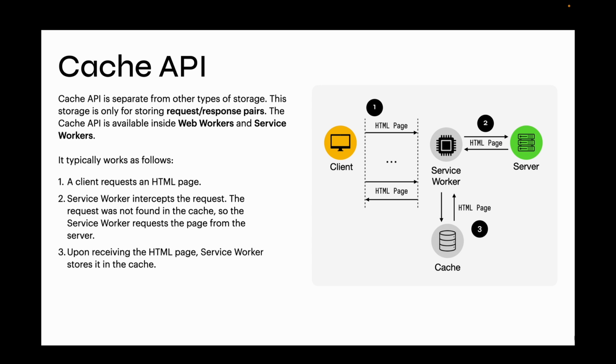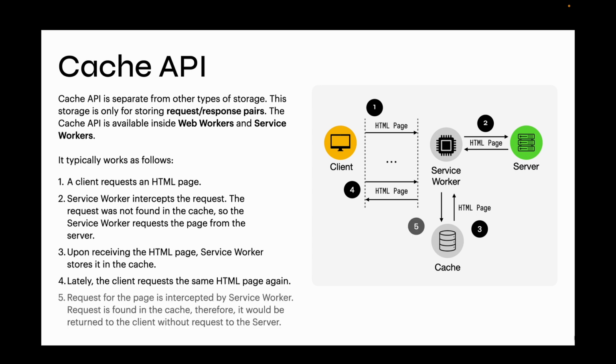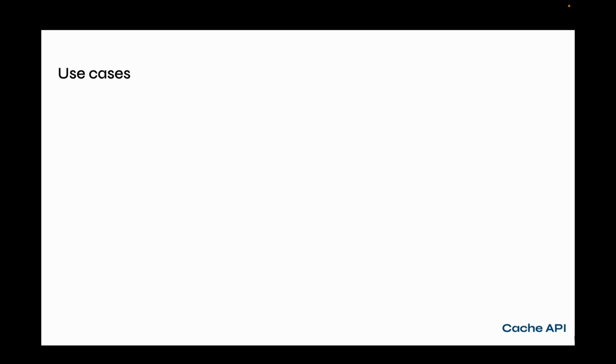Upon receiving the HTML page, the service worker stores it in the cache. Later, the client requests the same HTML page again. The request for the page is intercepted by the service worker. The request is found in the cache. Therefore, it is returned to the client without a request to the server. Unlike local or session storage, Cache API is not for general storage, but specifically for storing server responses.